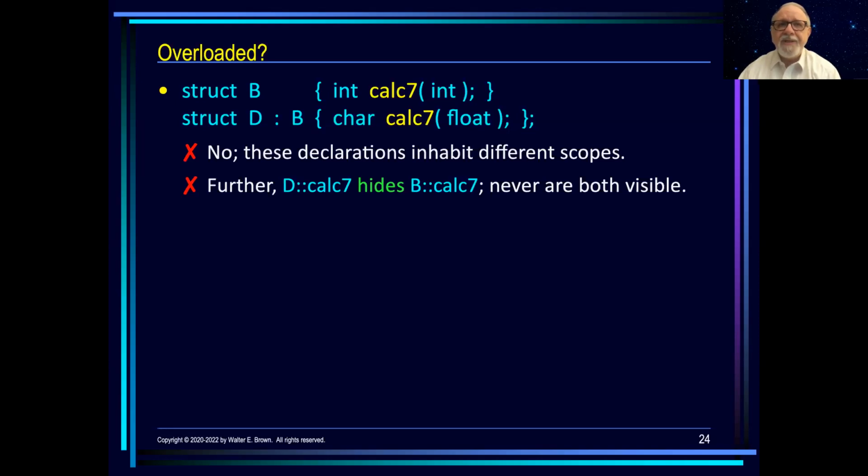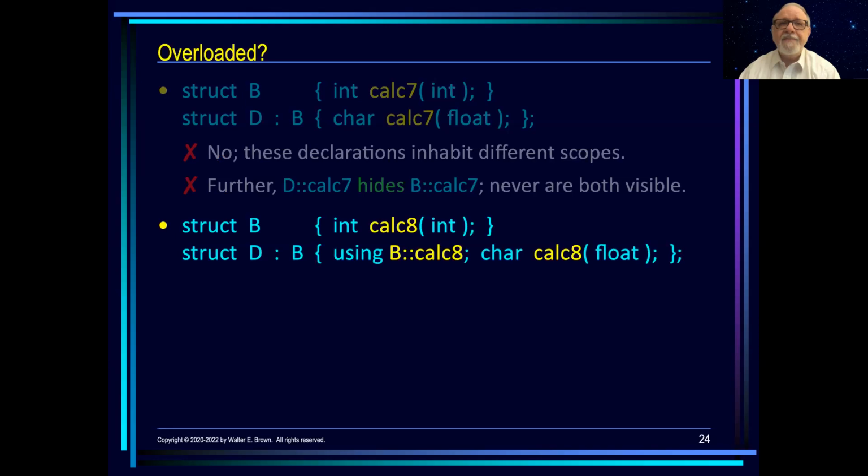Now, if we tweak this just a little bit, this is essentially the same example, except that I've added a using declaration. Does this, in fact, change anything? And the answer is yes, it does.